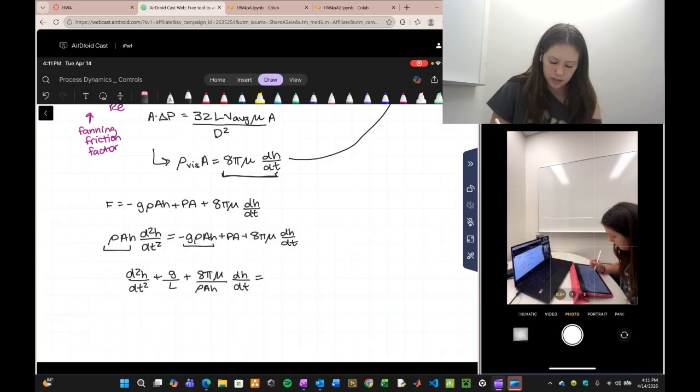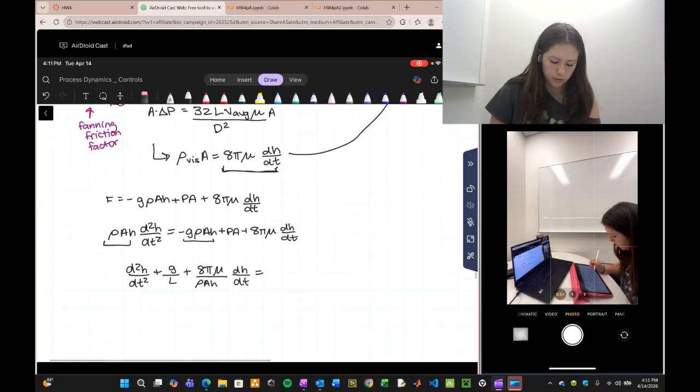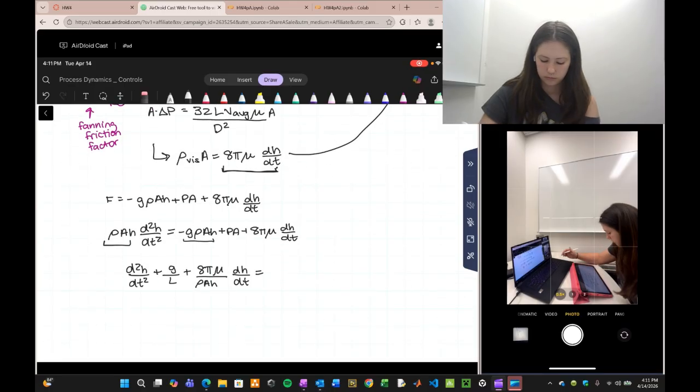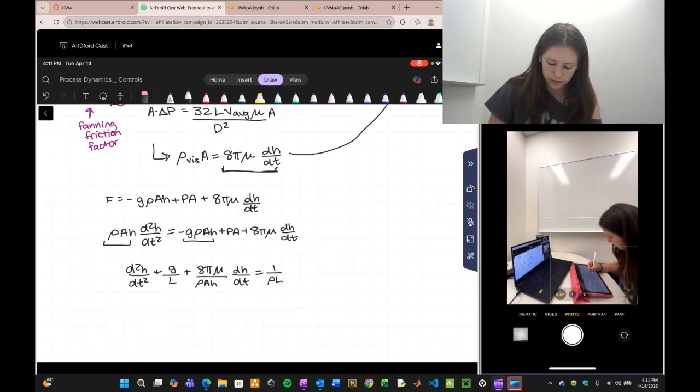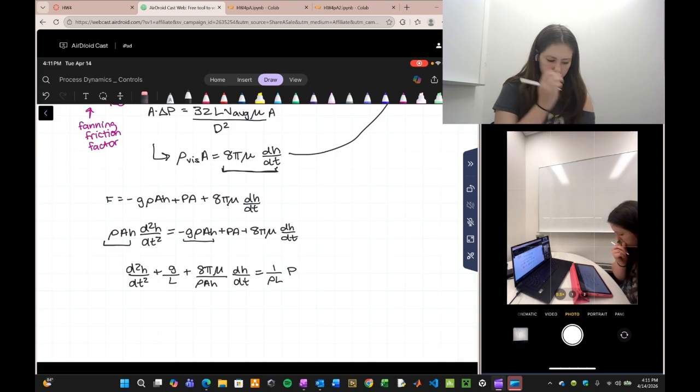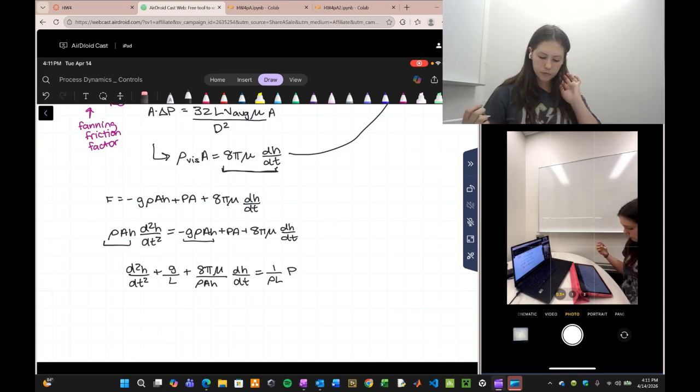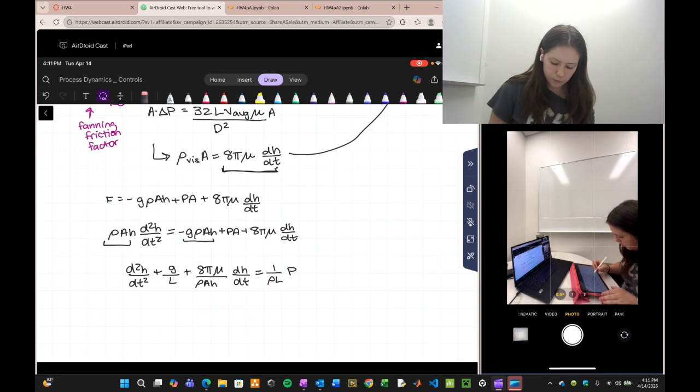And that is going to equal 1 over rho L times our pressure there. So I'm going to just swap these two terms so that it's easier to see.